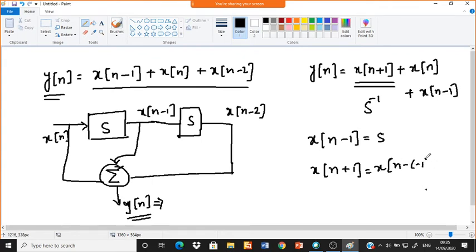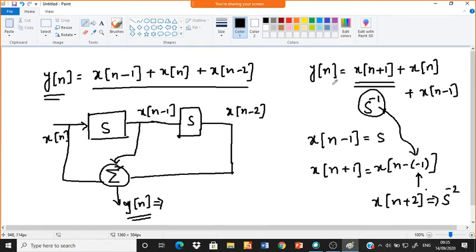This minus 1 we represent in terms of s power minus 1. Whatever the value of the shifting in the signal, that will be represented as s power minus 1. In a similar way, if you take x of n plus 2, we can represent this as s power minus 2.